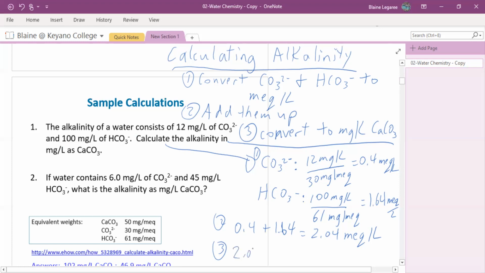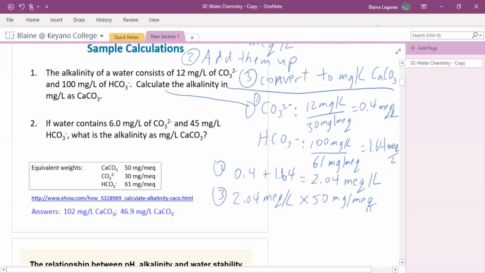We take 2.04 milliequivalents per liter. The equivalent weight for calcium carbonate is 50 milligrams per milliequivalent. And my answer is 102 milligrams per liter calcium carbonate of alkalinity.